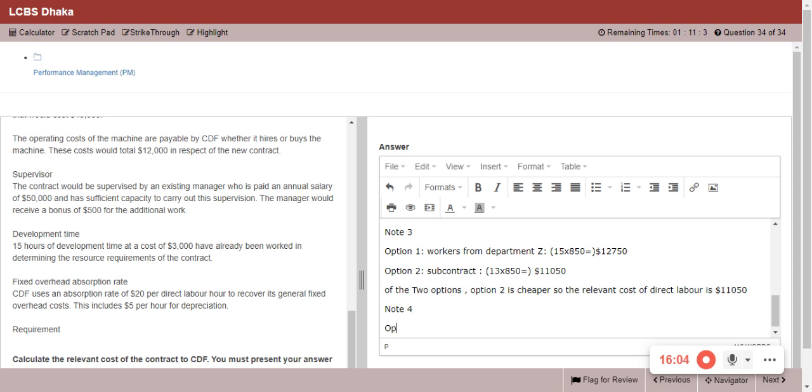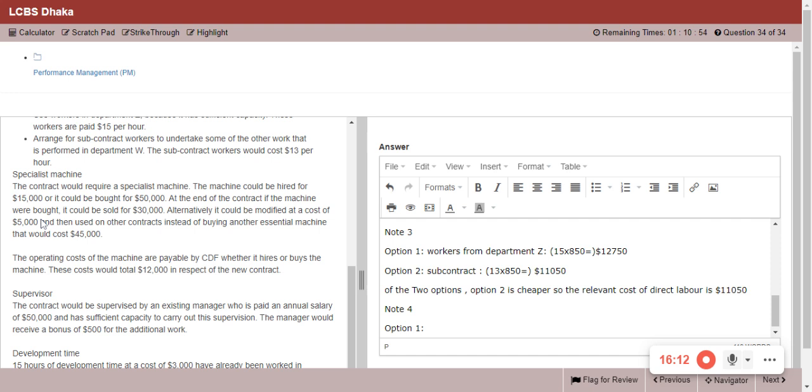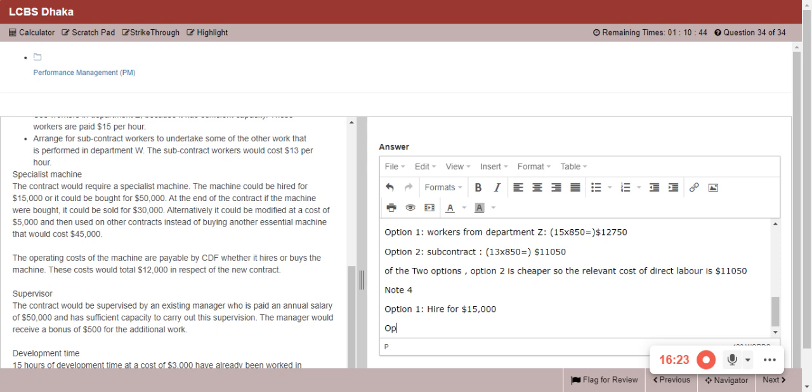So what options are there? Option 1 is I could hire the machine for 15,000. Option 2, buy the machine.